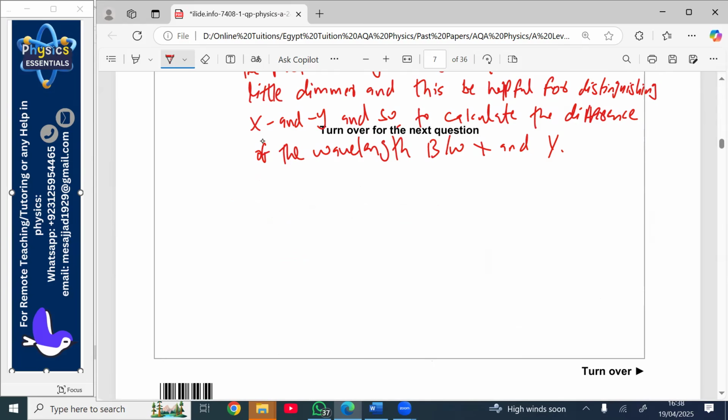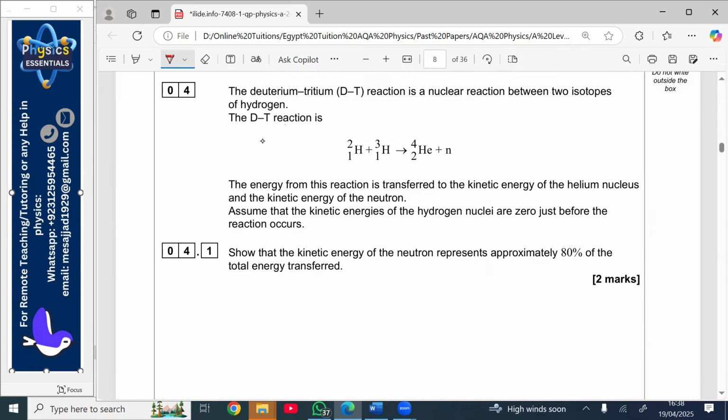Okay. 4. The deuterium tritium DT reaction is a nuclear reaction between two isotopes of hydrogen. The DT reaction is this. The energy from this reaction is transferred to the kinetic energy of the helium nucleus and the kinetic energy of the neutron.